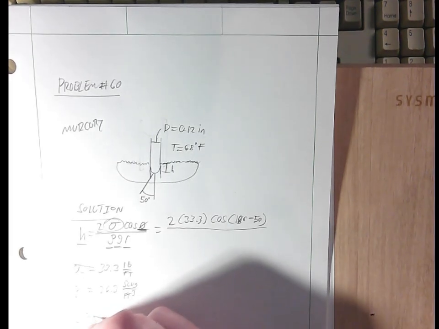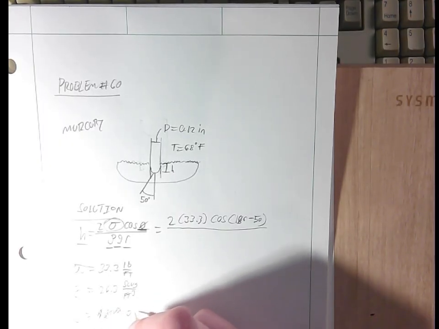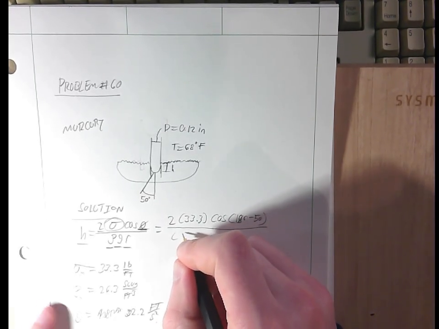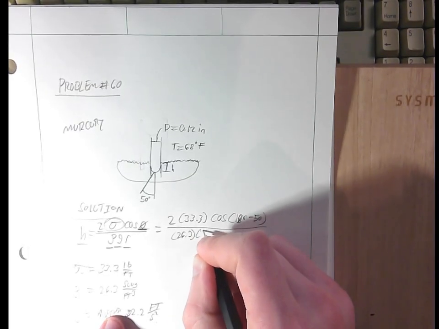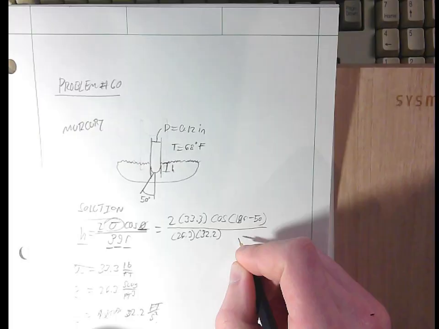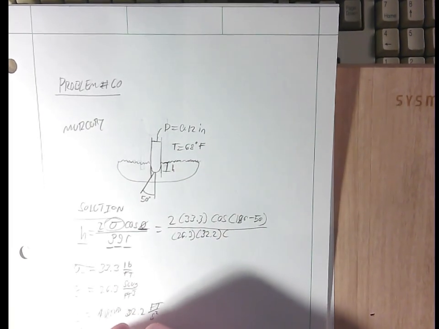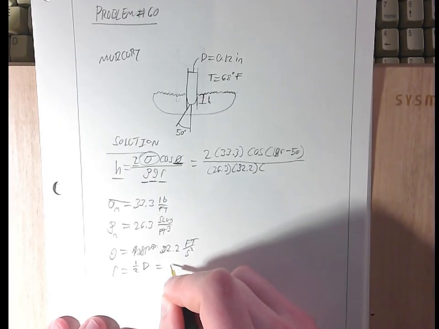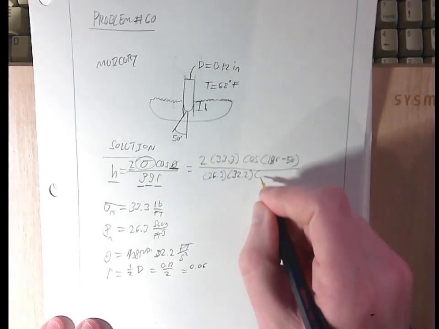Gravity, I might as well write everything out: 9.810 meters per second squared, or 32.2 feet per second squared. This is all in imperial units, so this is going to be 26.3, 32.2, and then R is going to be 1/2 D, which is 0.12 over 2, which is 0.06.